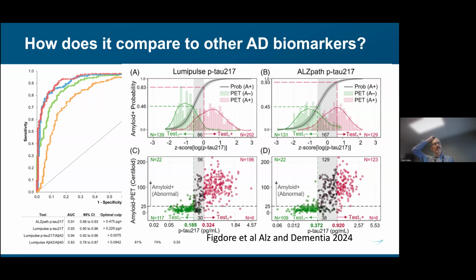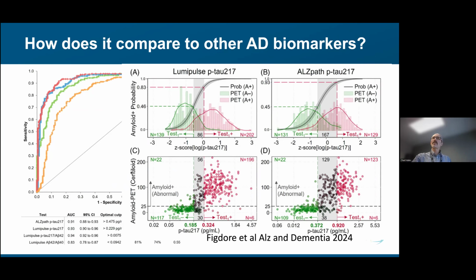With the sensitivity and specificity, which is on par, if not in some cases better than the spinal fluid. So this is pretty exciting, right? You've got these assays that are able to predict amyloid positivity or negativity in patients. There are lots of nuances in here that I don't have time to go into. Some of it is, well, how do you decide if the amyloid PET scan is positive or not?